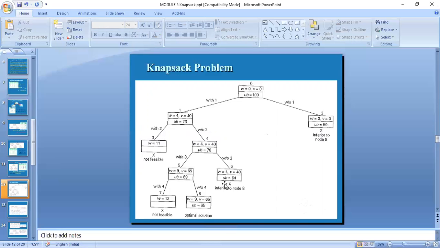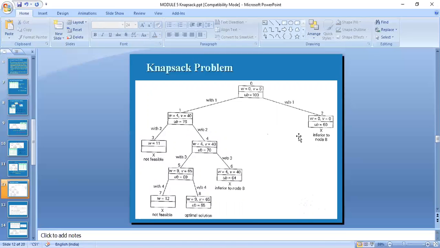But suppose your value of node number 6 is 66 or something that is greater than 65, then you need to consider this. You need to generate this further. Whenever you go for the next stage, you are comparing it with all the promising nodes.